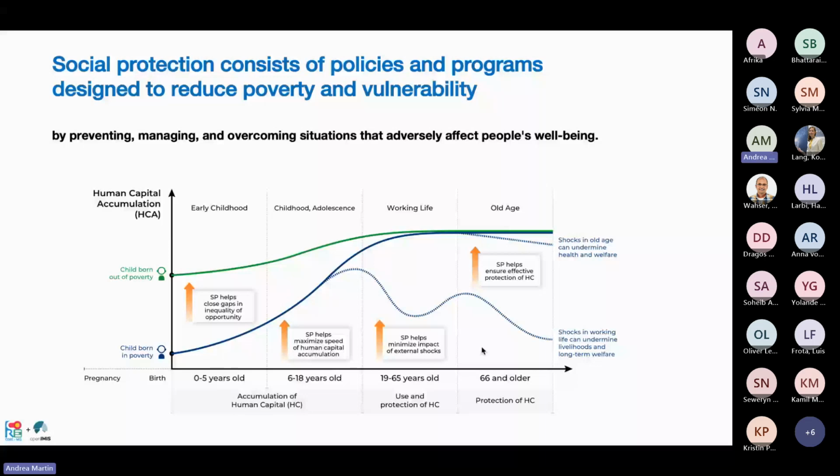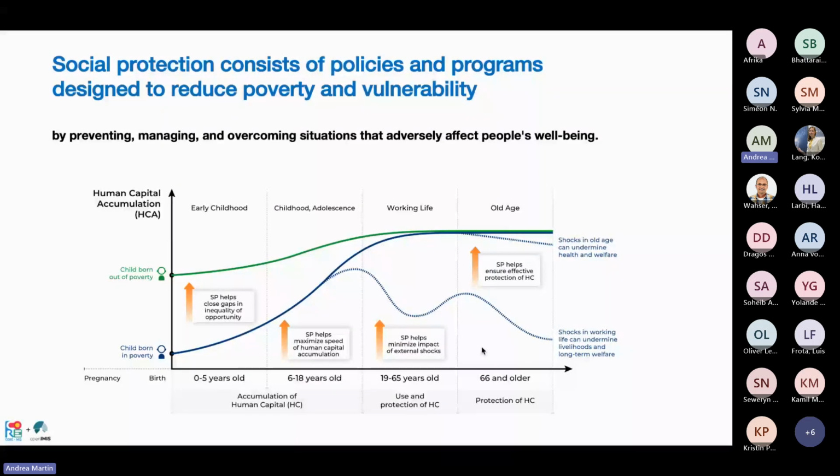As the two, let's say, standardized children of this graph progress, we see that the child which was born out of poverty basically continues accumulating human capital across the life cycle, while a child born in poverty, under right circumstances, might be able to get closer to an ideal situation, but can also be afflicted by shocks.